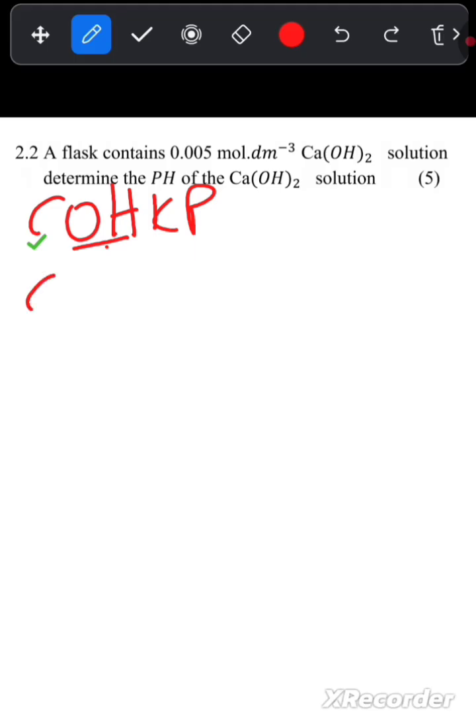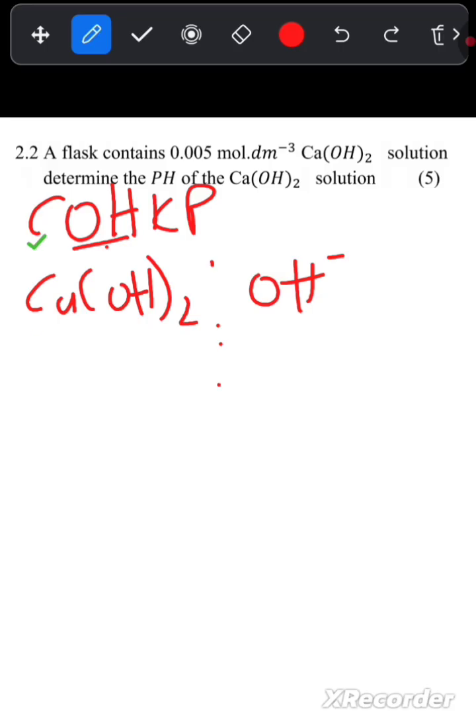So calcium hydroxide is to OH minus. What is the ratio? How many OH minuses do I have in this one calcium? We have got 2 of them, so the ratio is 1:2, because we have 2 OH in 1 calcium hydroxide.